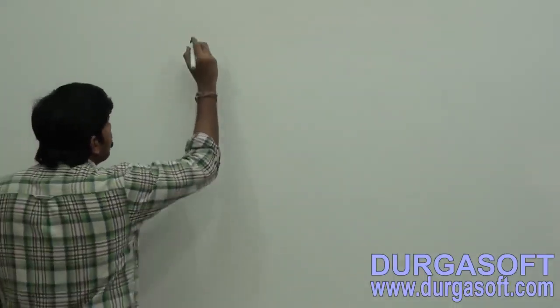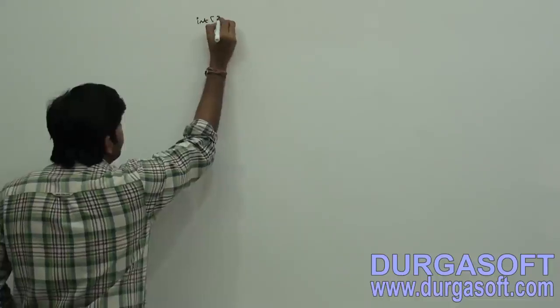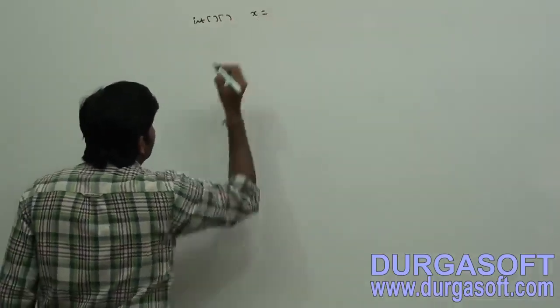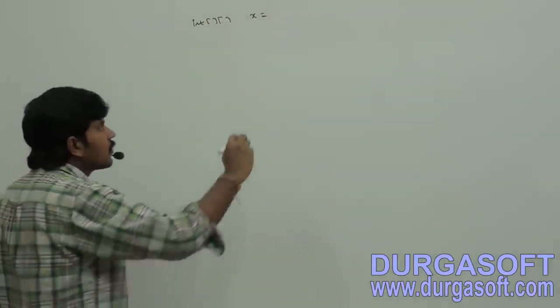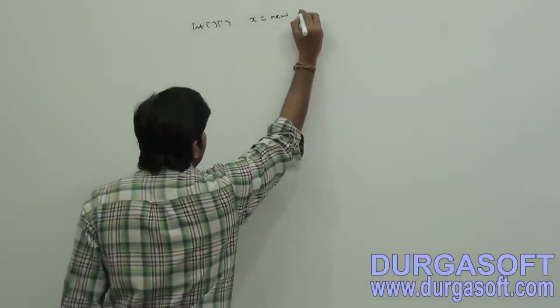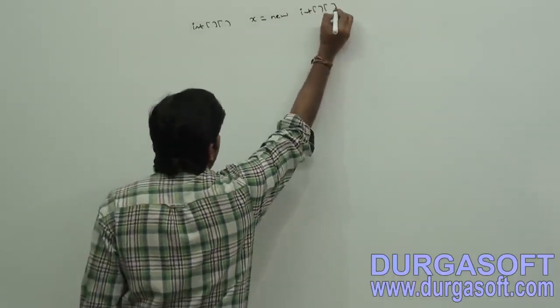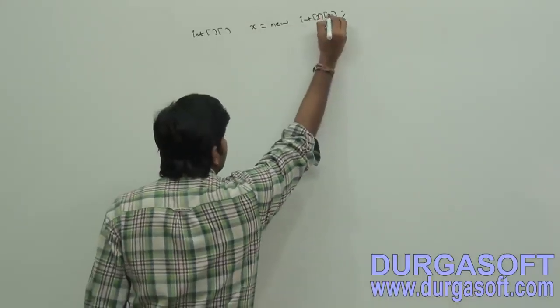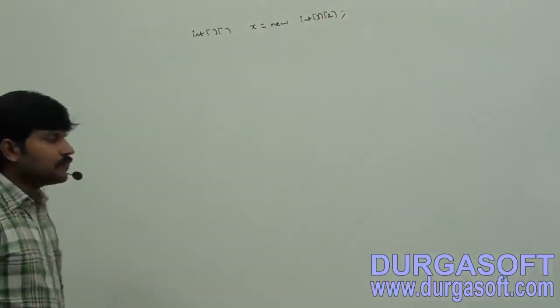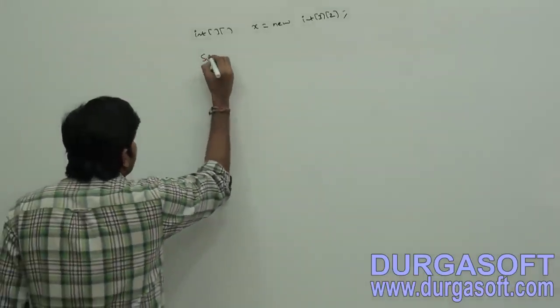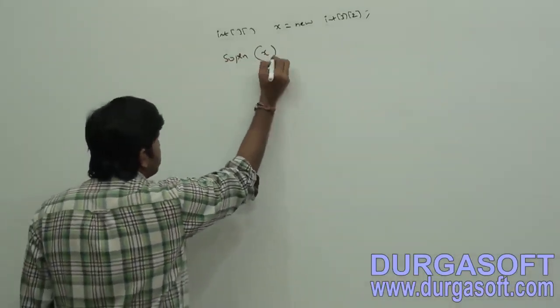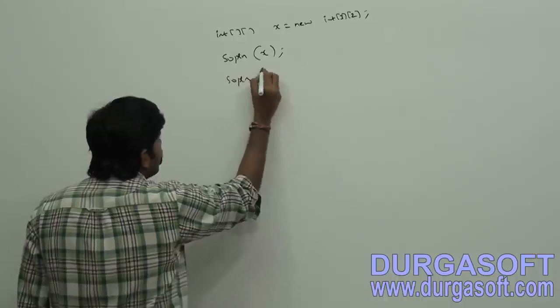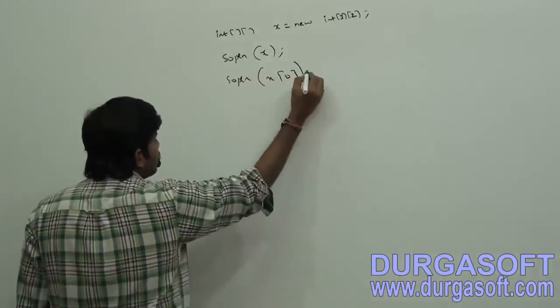Now I'm taking another example. int 2-dimensional array x is equal to new 2-dimensional array, with base size 3 and next level size 2. Now I'm taking System.out.println of x, System.out.println of x of 0, and x of 0 0.